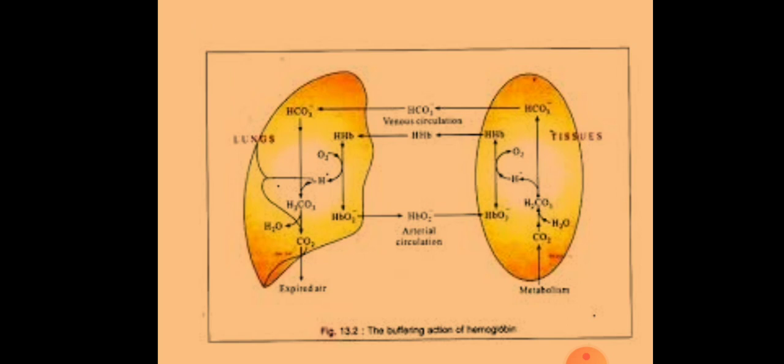It is referred to as the alkali reserve because the base to acid ratio for the bicarbonate buffer is 20:1. It is called an alkali reserve because if acids are produced continuously in the body in excess amounts, the bicarbonate buffer can neutralize these acids. So the bicarbonate buffer is the most important buffer.